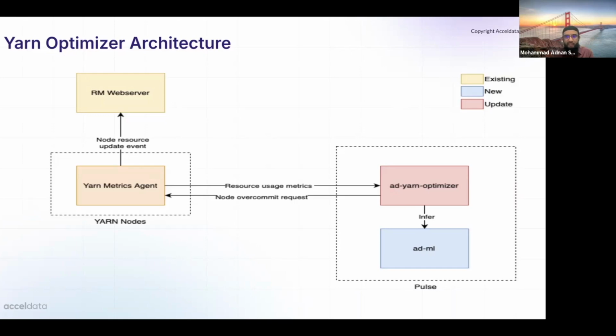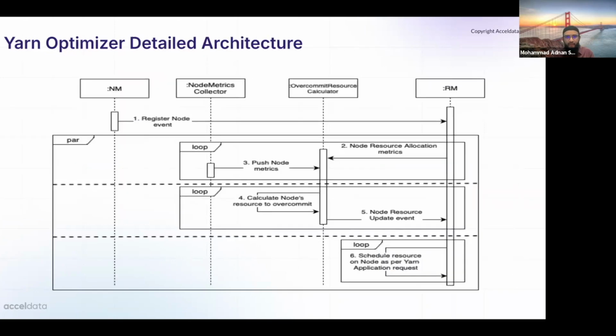Right? Next slide, please. A bit of architecture diagram. Again, I just wanted to drill down further, double click and understand how it fits in the ecosystem. So at both extreme ends, you have your node manager and you have your resource manager. You already have the node metrics collector that runs. So between your node manager and your resource manager, we have introduced this new segment that is called the overcommit resource calculator.